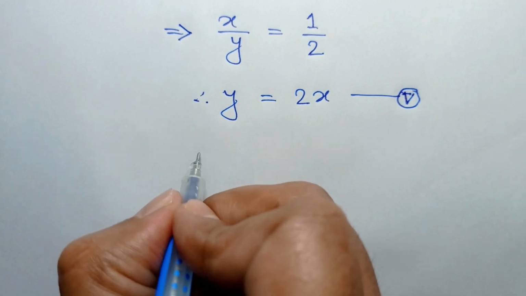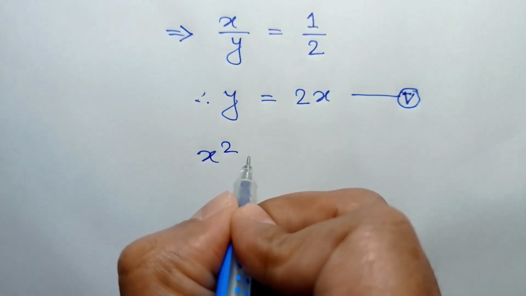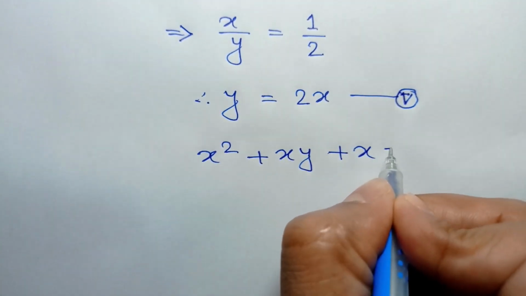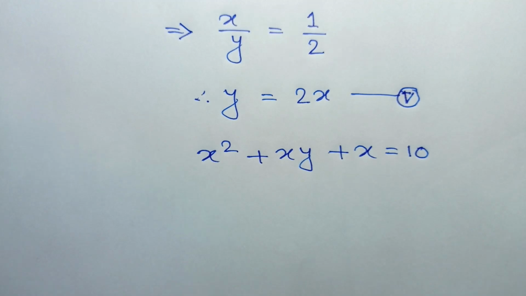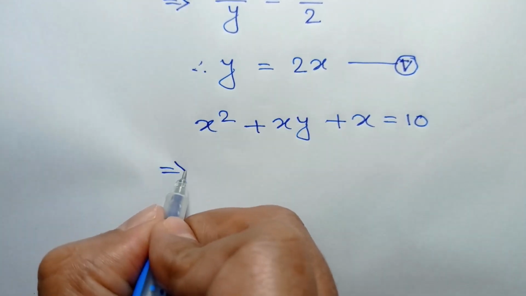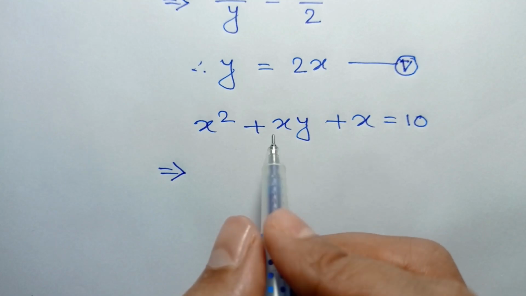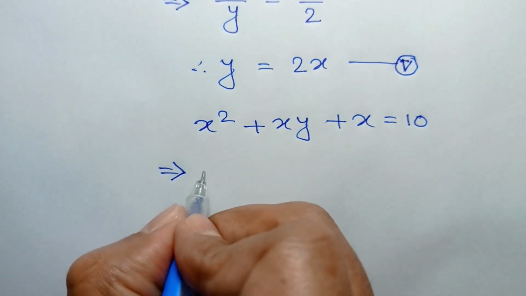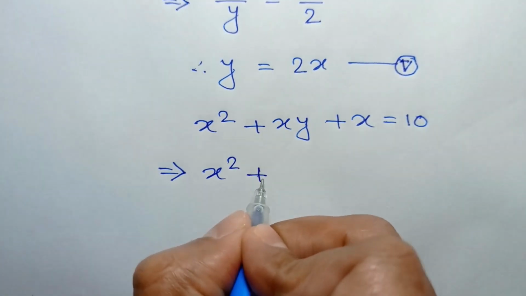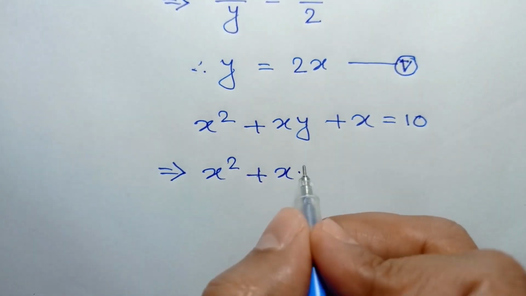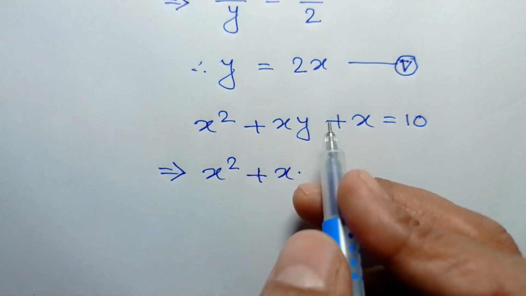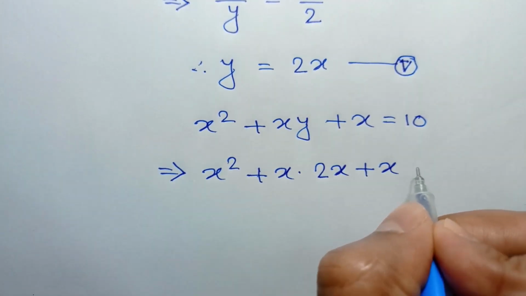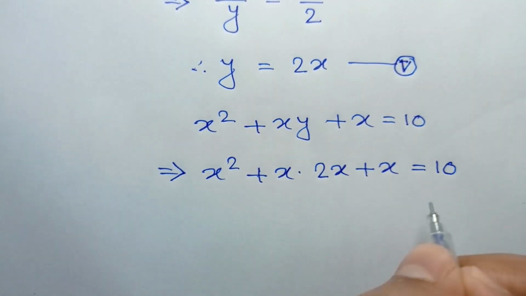Now from equation 1 we have x squared plus xy plus x is equal to 10, or substituting the value of y is equal to twice x from equation 5, we can write x squared plus x times the value of y, which is twice x, plus x is equal to 10.